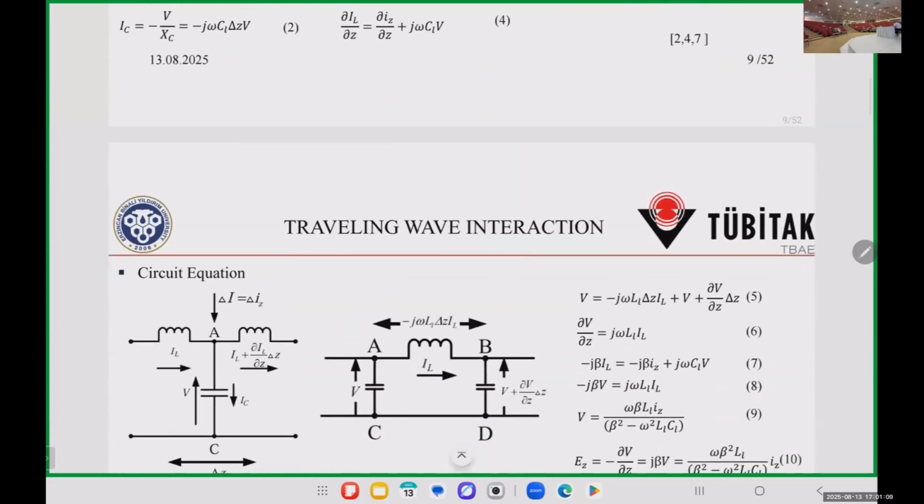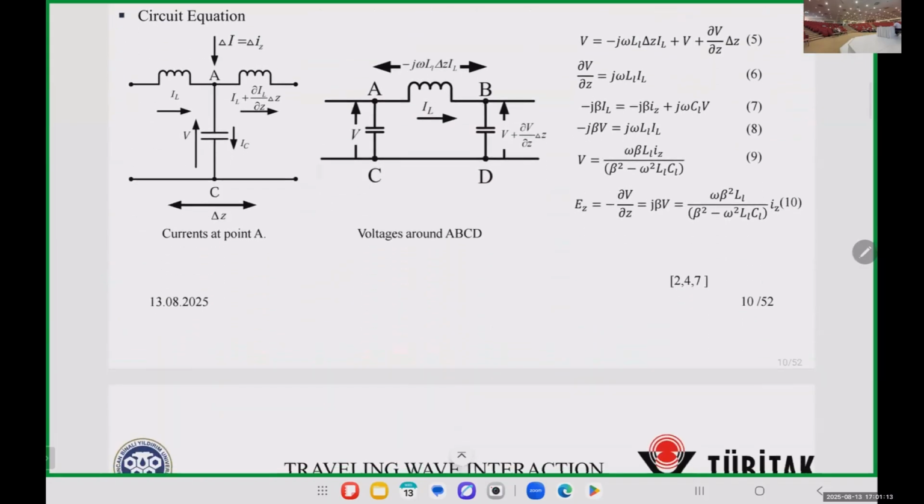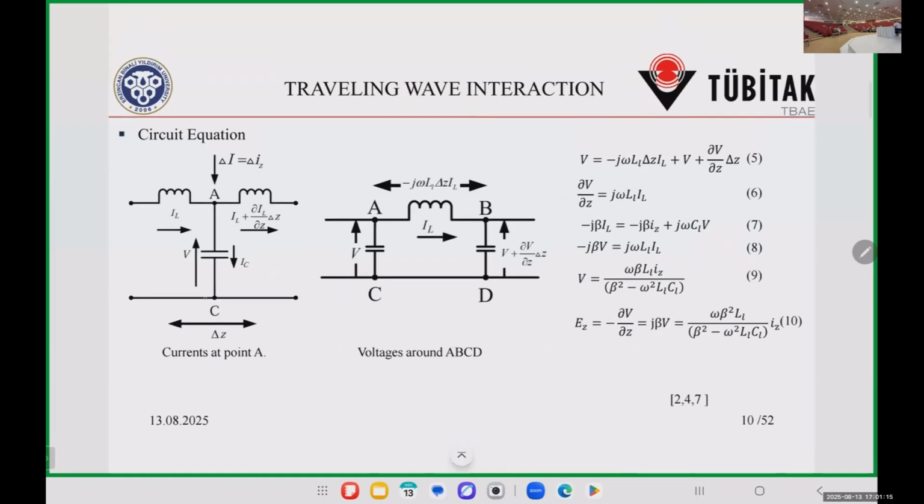If we apply Kirchhoff's voltage law around A, B, C, D, we can obtain equation 5.